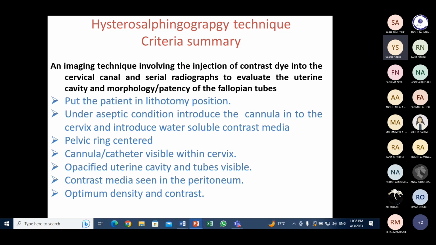We put a tube or catheter in the external uterine os, and then we inject the contrast, filling the uterine cavity, and then the fallopian tubes.